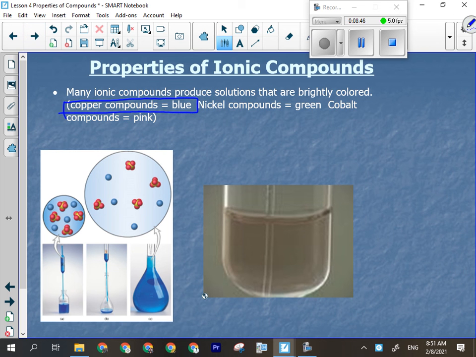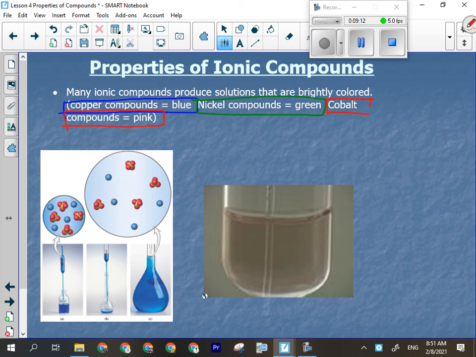Nickel containing compounds are always green. There are a few other compounds that can be green, but they're very pale green. Nickel compounds tend to be quite dark, emerald kind of green. Then cobalt containing compounds will be anywhere from orange to pink to red.